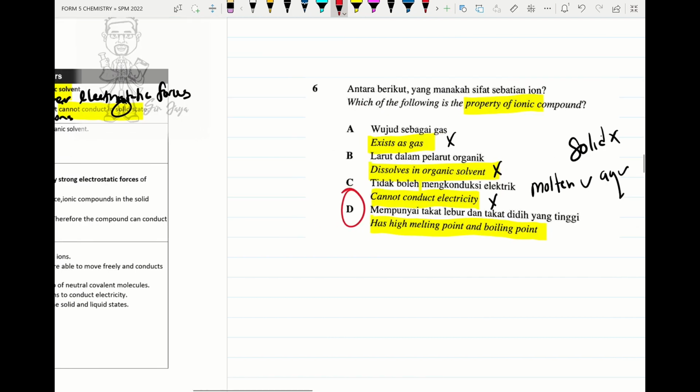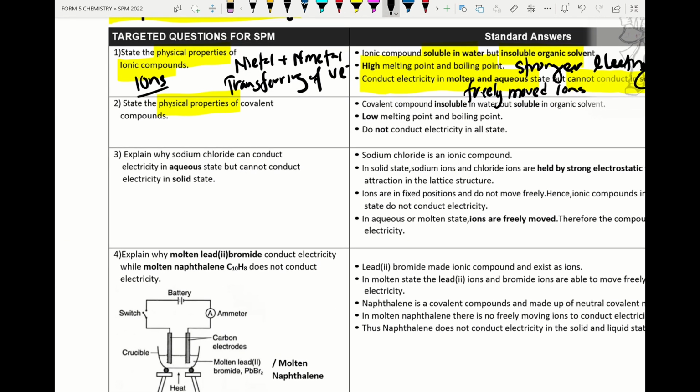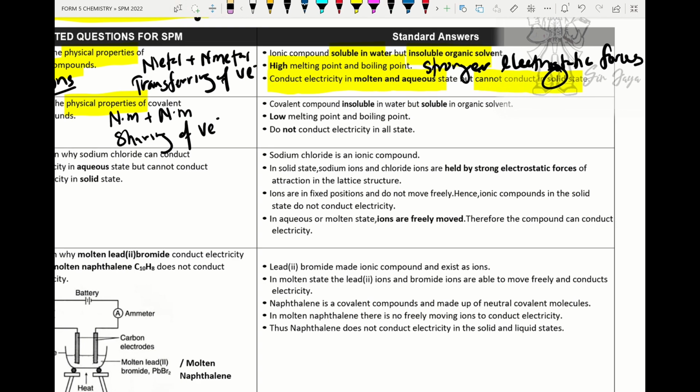All right, so we move on to the next, properties of covalent compound. Please remember, the covalent compound formation is between non-metal plus non-metal, with sharing of valence electron between the non-metal atoms. And the physical properties of covalent compound, they are insoluble in water but soluble in organic solvent.